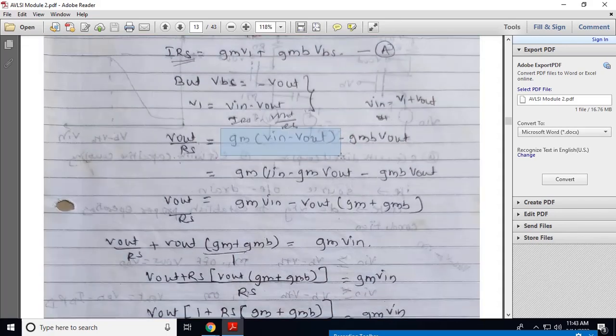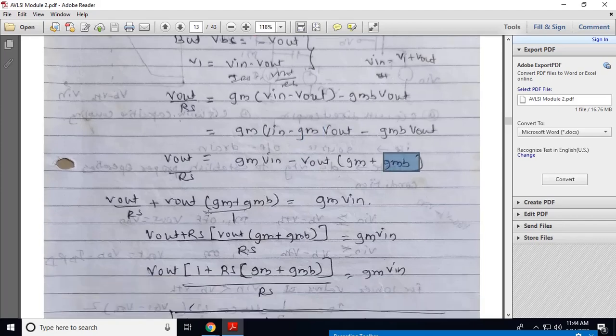Now we can multiply this bracket by GM, that is GM V in minus GM V out minus GMB V out. So V out we can take common, minus. So GM V in minus V out is common, GM plus GMB, that is V out by RS.